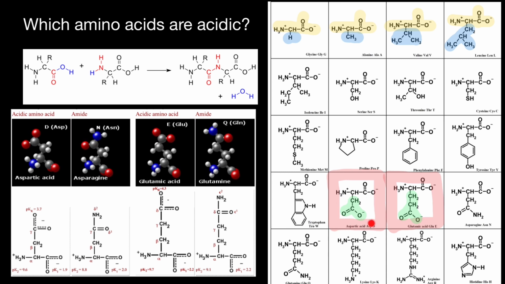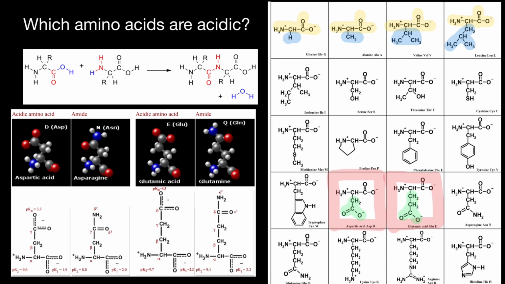So we can say both aspartic acid and glutamic acid have in the R chain a second carboxyl group. Just to avoid confusion, the amides of both aspartic acid and glutamic acid are not acidic. I show them here together for different purposes. For example, on your exam, you can be asked which amino acids are acidic and you would know.